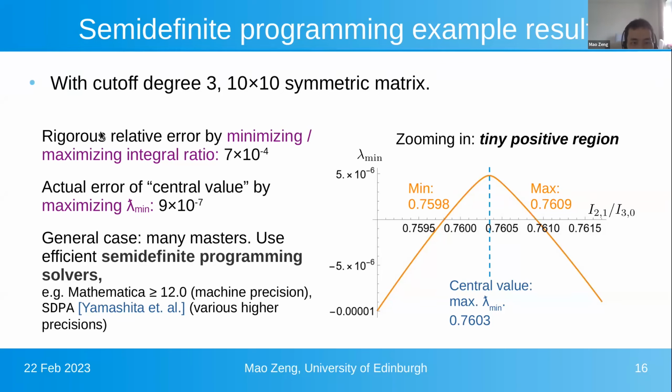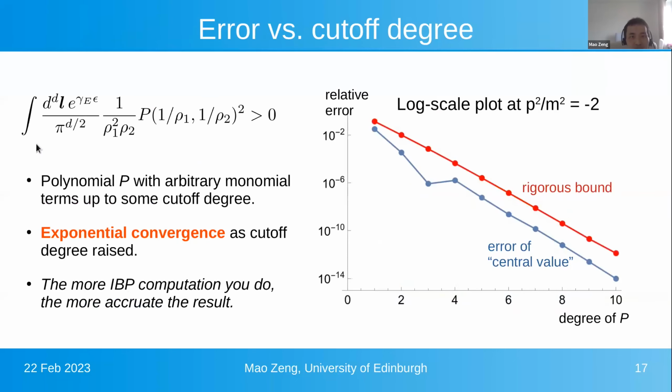Fortunately, in the inspiration I mentioned, for example, conformal bootstrap and recent work on bootstrapping quantum mechanics and lattice models, people have found that the technique of semidefinite programming can solve this problem very efficiently.